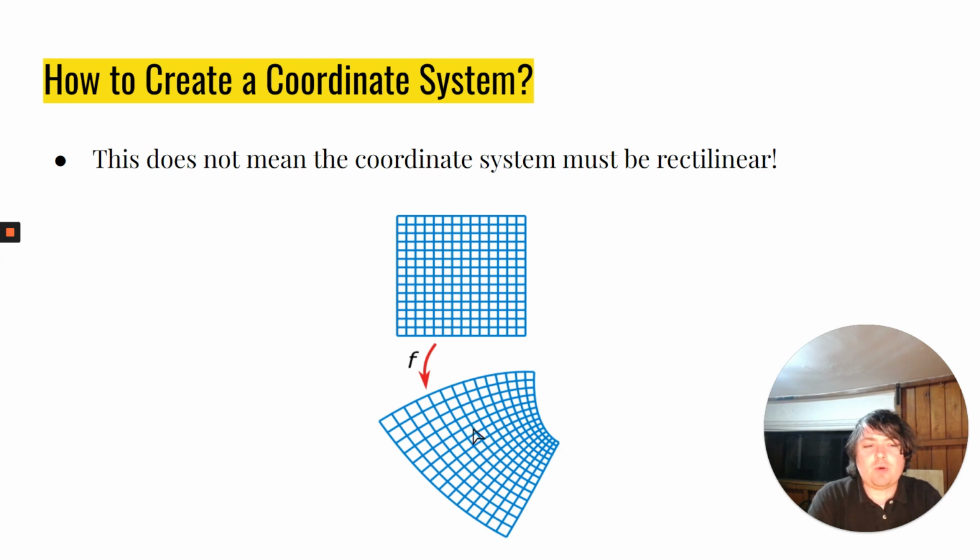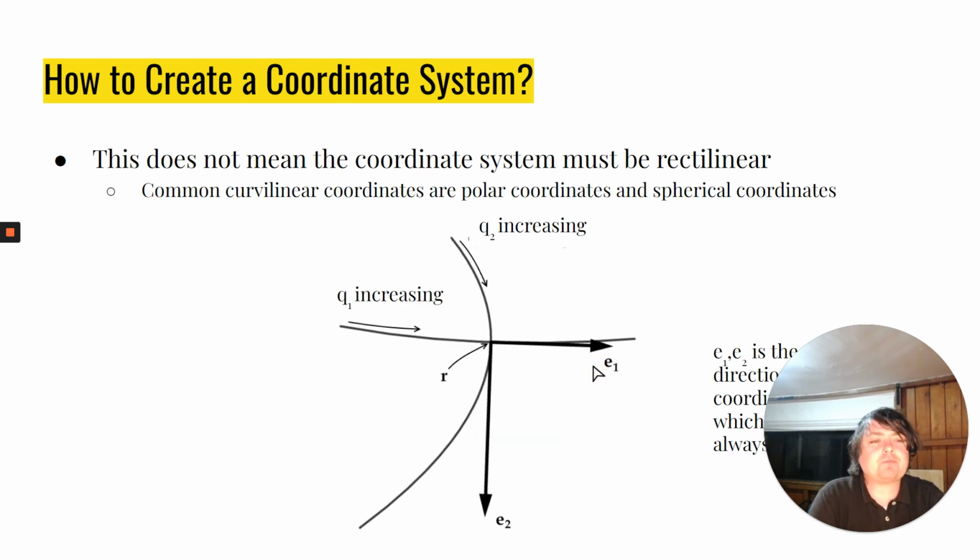Each of these grid points are not rectilinear anymore, but if you look right at the intersection between each horizontal and vertical plane, they're still perpendicular to one another because each of the variables are independent.